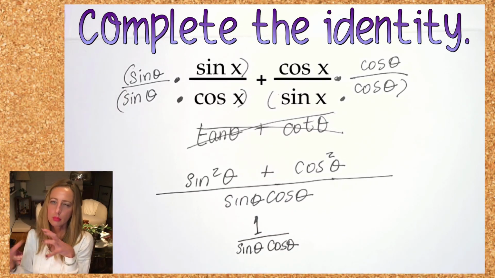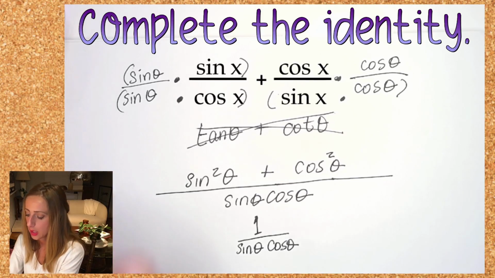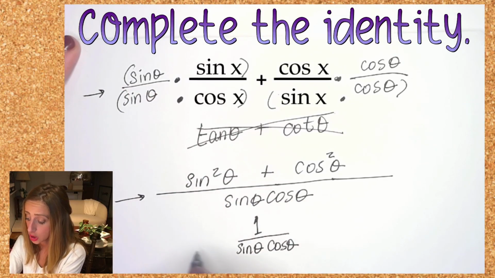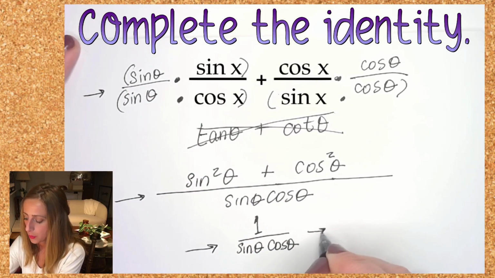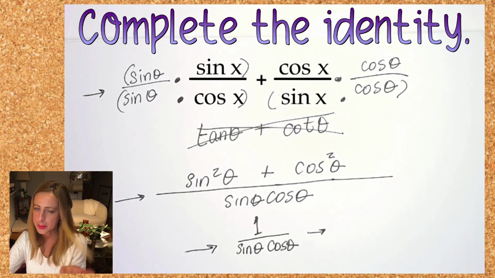Now, while this is looking a lot nicer, we want to do something else. Whenever we're simplifying a trig expression and cleaning it up and rewriting it nicer, we want to avoid having anything in the denominator if at all possible. So right now I have a sine in the denominator.